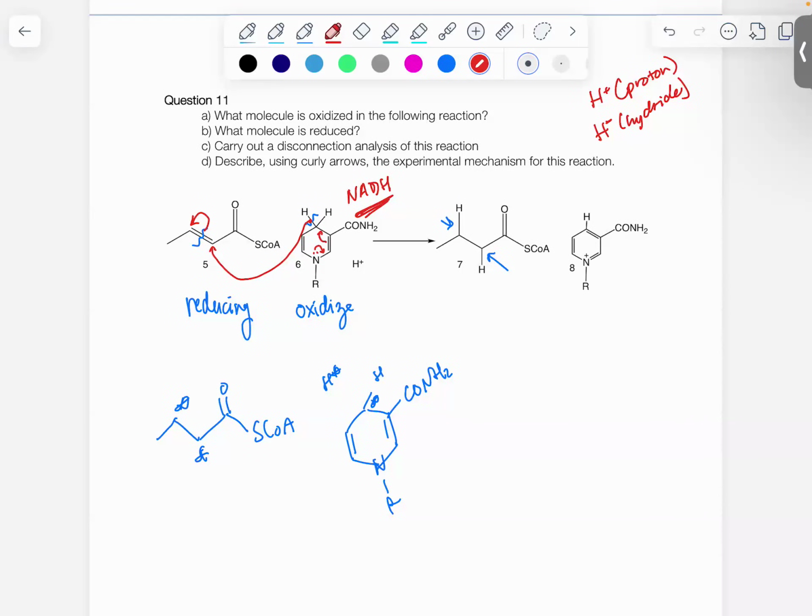And so the first intermediate that we'll get out of this will be this structure here, and our NADH has become NAD plus. Now this loose proton can add to our anion and we get to our final.